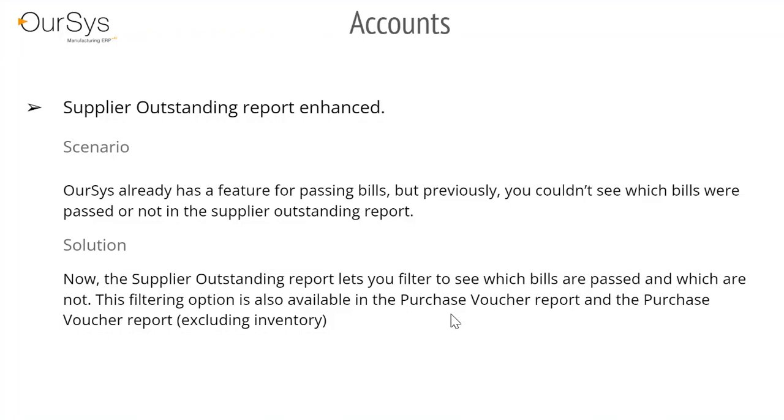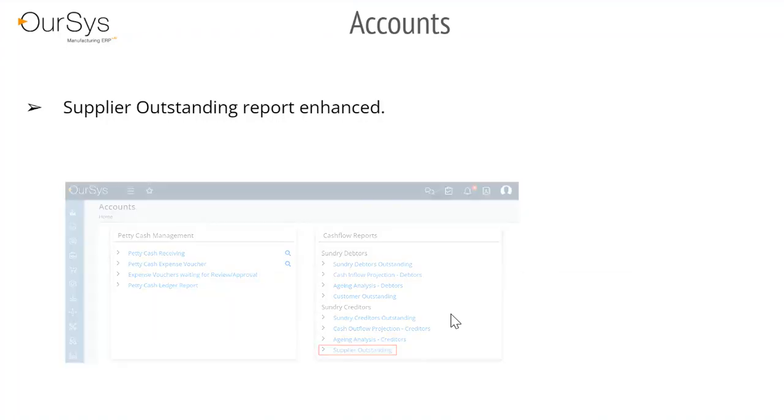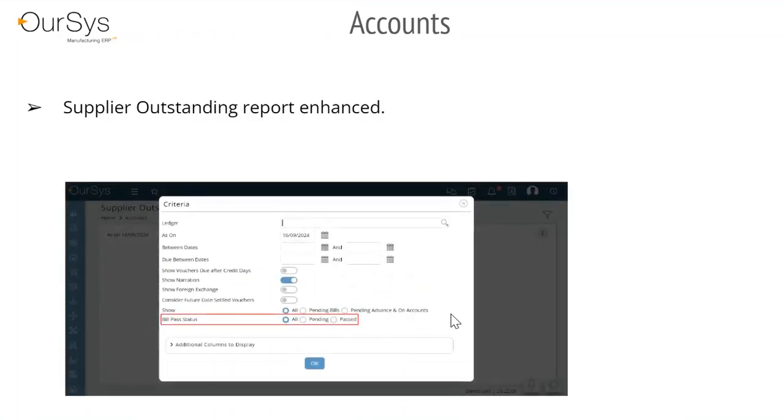So in the accounts module, there is a link called supplier outstanding report. Here in the filter option, we have given an option called bill pass status. In OurSys there is a feature called supplier bill passing, where the purchase department and quality department can instruct the accounts team that there is no rejection or debit note to be made.